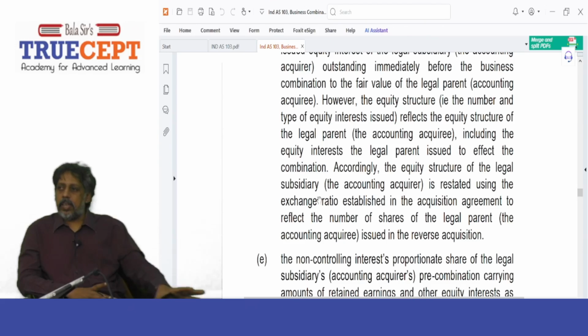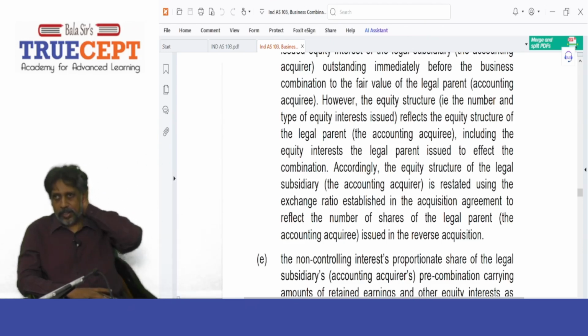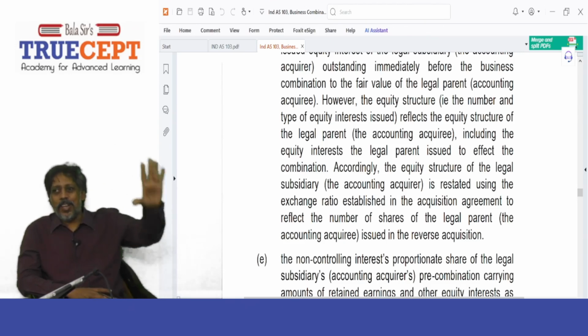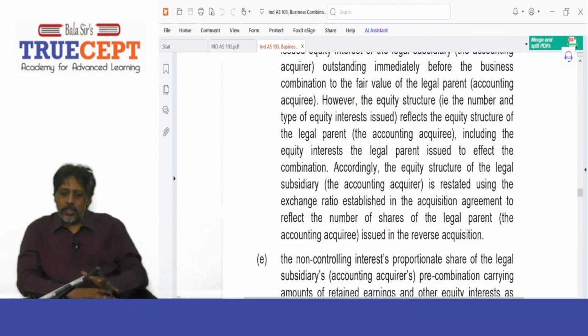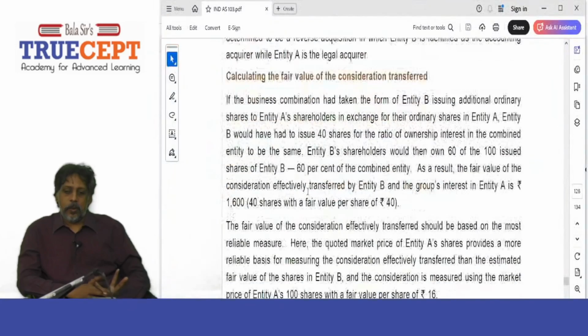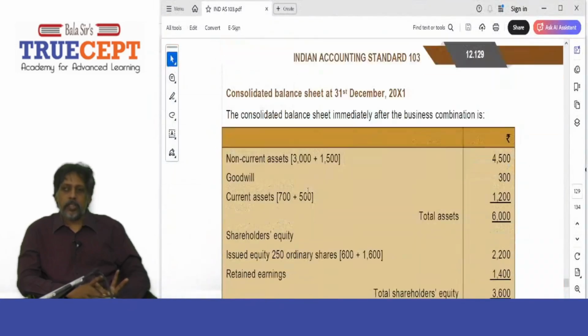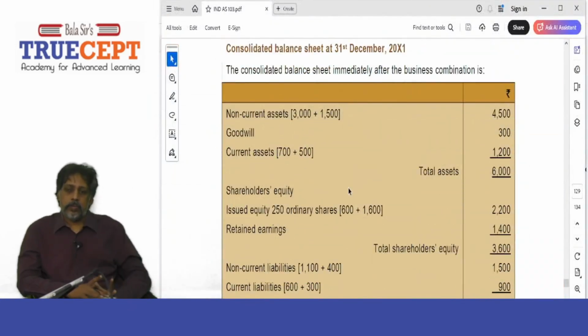Now, having these points in mind, let's go through the balance sheet. The group balance sheet, for this B22. Consolidated balance sheet at 31st December 20x1. So we have to write entity A's group.